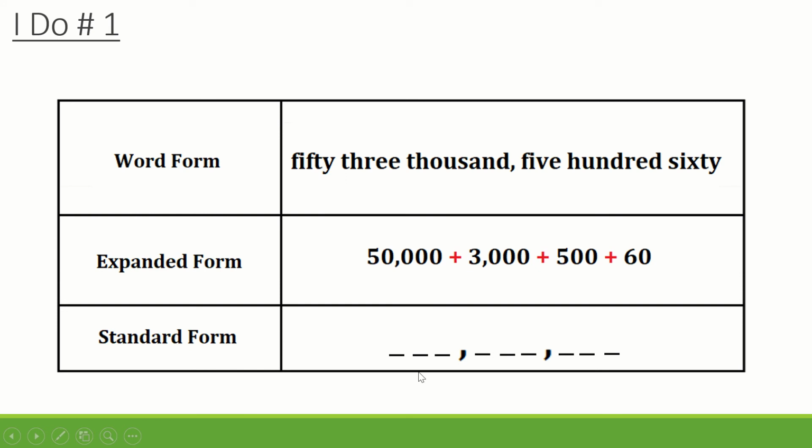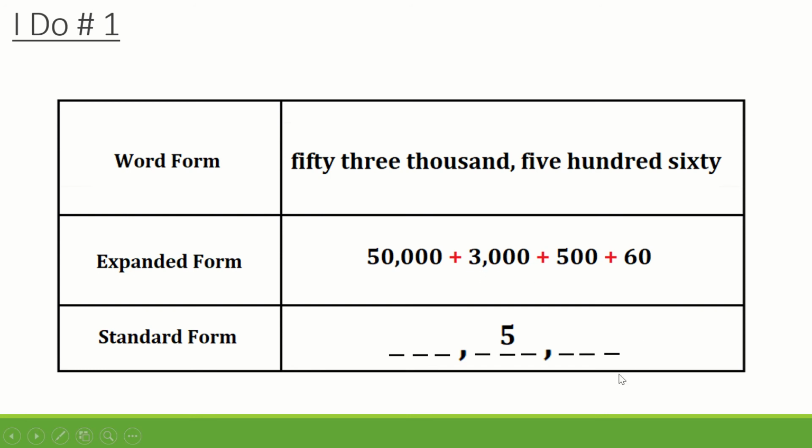And so what I need to do is identify where that 10,000s place is. Here I have my ones, my tens, my hundreds, my thousands, and my 10,000s. So I put my 5 here, and here I have 3,000, and so that 3 is in the thousands place.